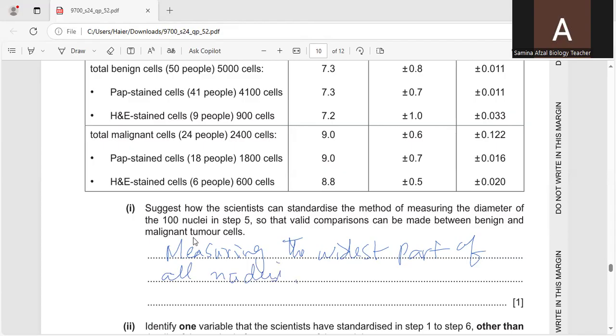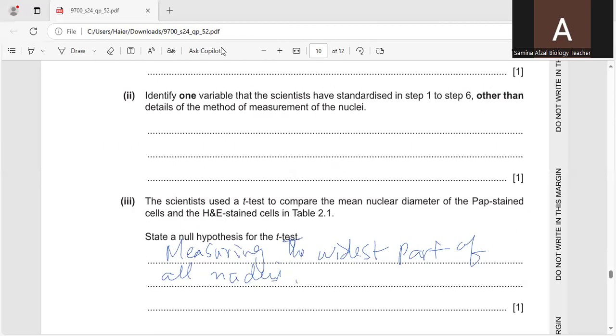Next, identify one variable that the scientists have standardized in steps 1 and 2, step 6, other than details of the method of measurement of the nuclei.